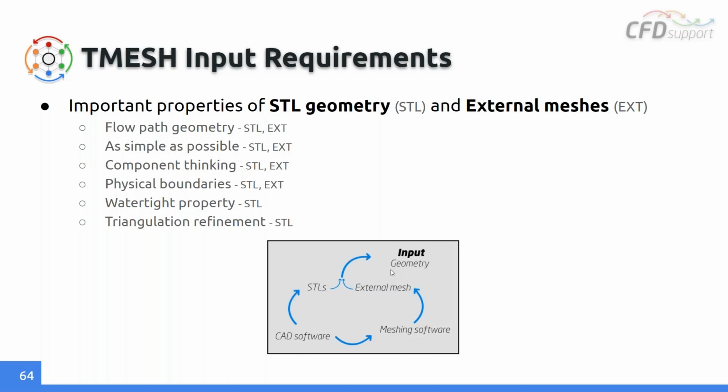Yeah, so we can put in an external mesh if you have any external tool like GridPro or Numeca or any other meshing tool. You can generate your own mesh in any software and then input the resulting mesh, which is ready for CFD simulation. Or you can put in the STLs which define the computational domain.